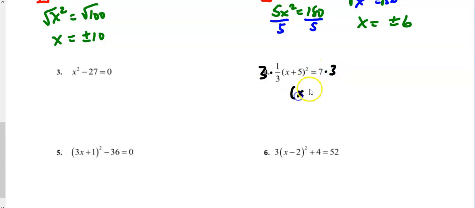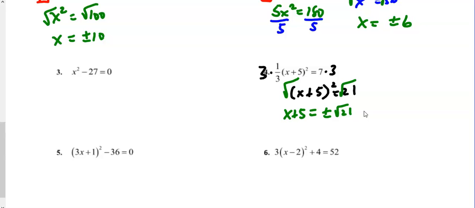So we get x plus 5 squared equals 21. Now that we have the square isolated, I'm still going to take the square root of both sides. But now I'm pulling x plus 5, and that's going to be equal to plus or minus the square root of 21.